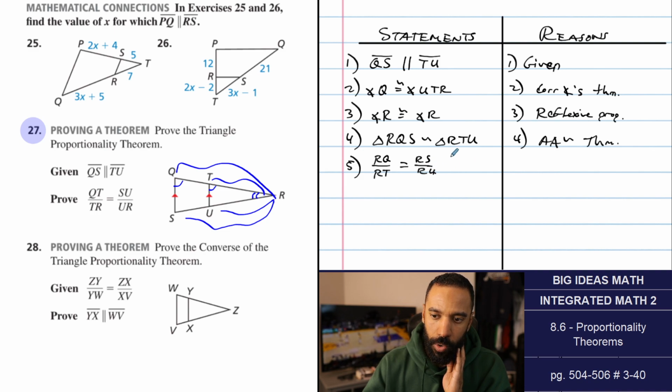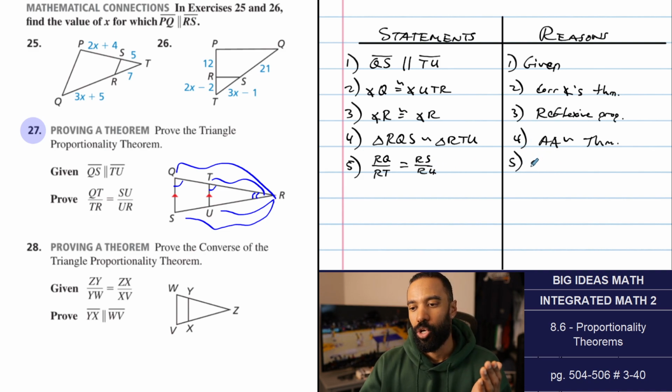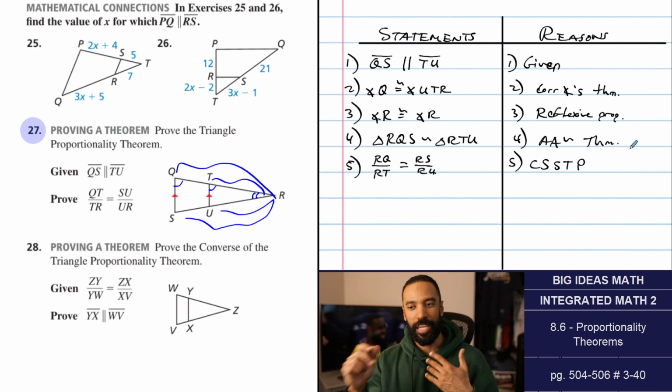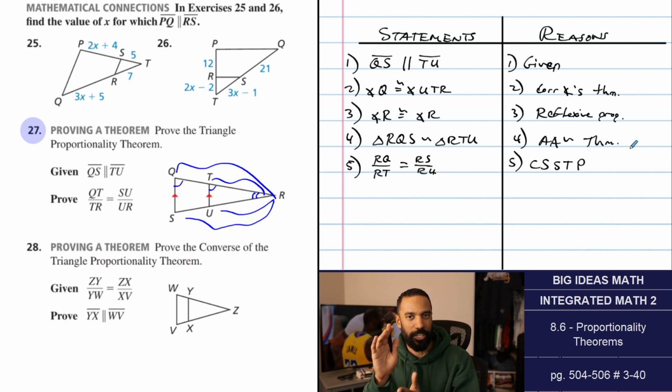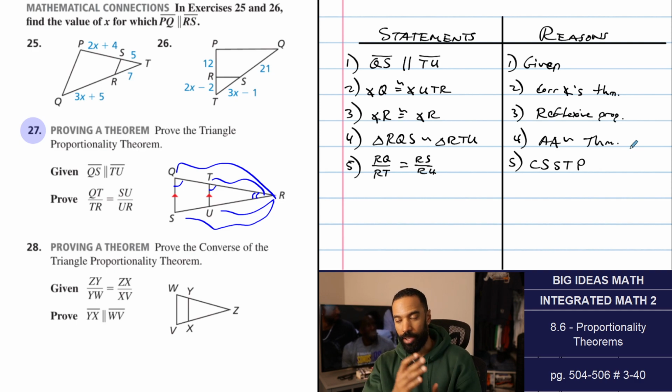This is corresponding sides of similar triangles are proportional. I wrote the abbreviation before and then spelled out what it was, but I'm telling you out loud: corresponding sides of similar triangles are proportional.